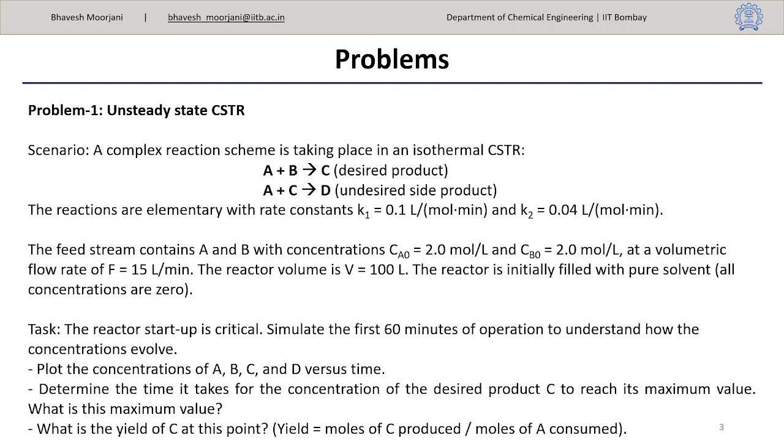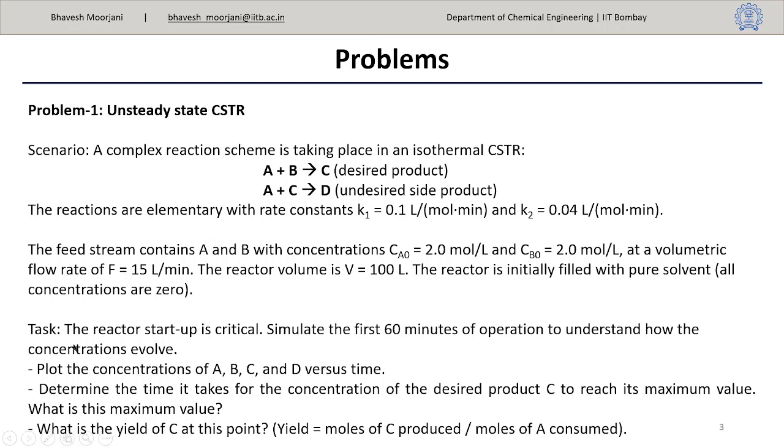As soon as reactants start coming into the reactor after t equal to 0, you will get some value of reactant, some value of intermediate component, and some value of product. But before that, since no component has entered the reactor, all concentrations are considered 0. The same logic was followed in the SIRS example also, right?